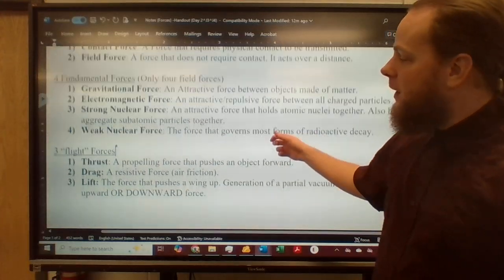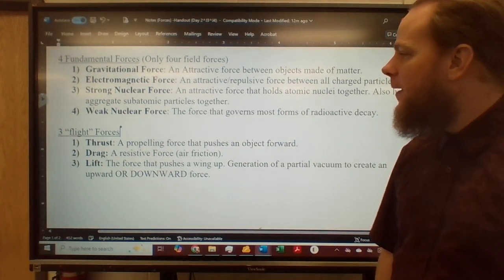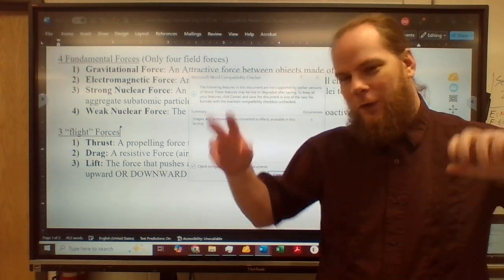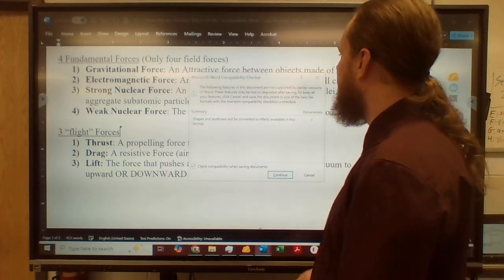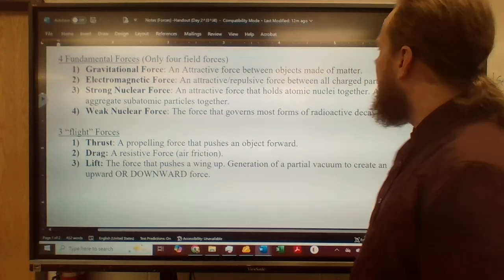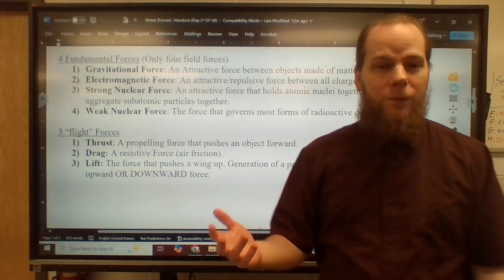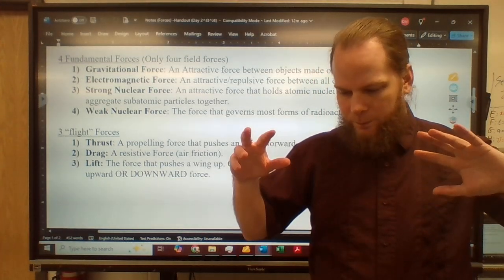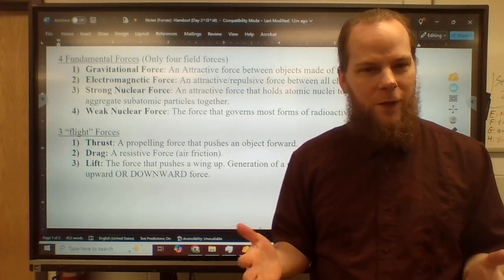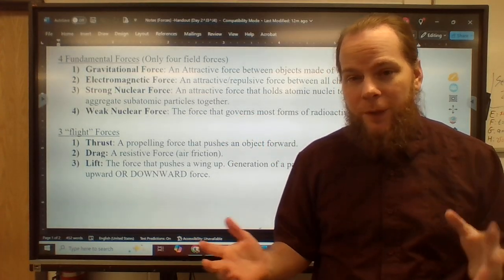Okay, and the last thing that we're going to spend time on today is our three flight forces. Now, I call them flight forces. This is my attempt to come up with a bit of a nickname for these so that we can distinguish between them.